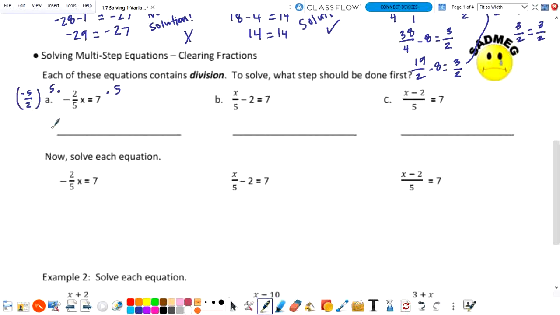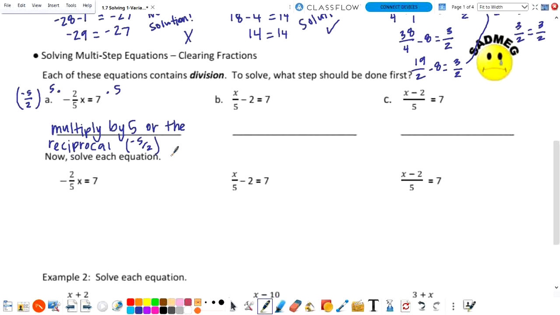So that's what we're going to write. Multiply by 5 or the reciprocal, negative 5 over 2.